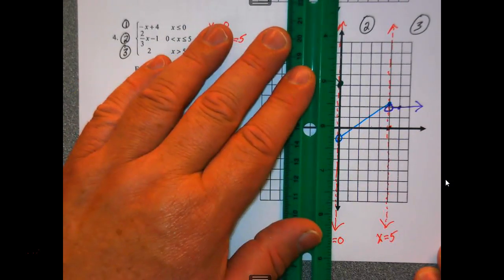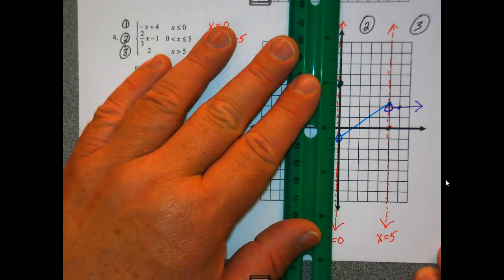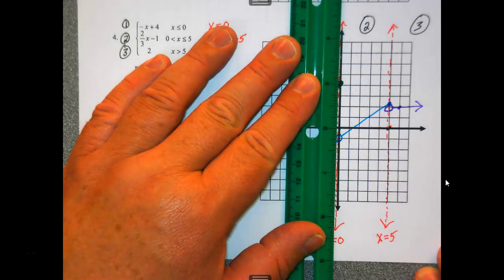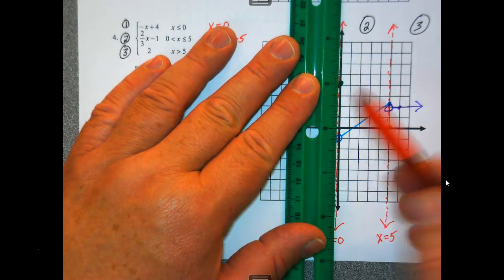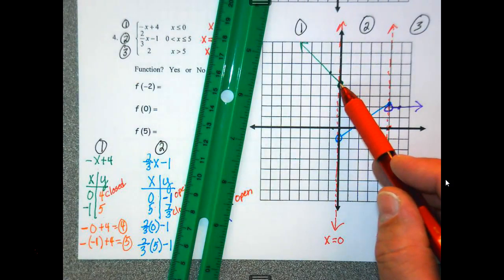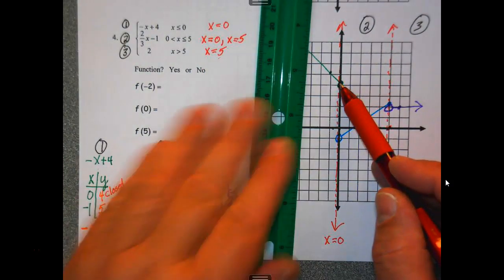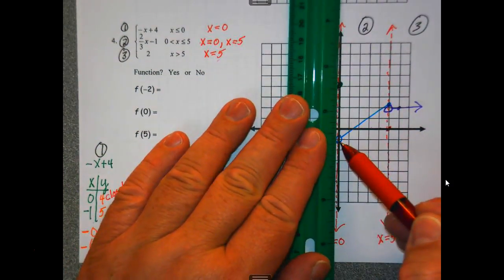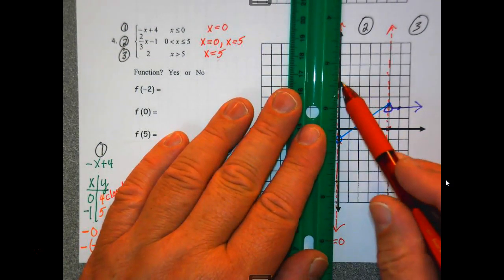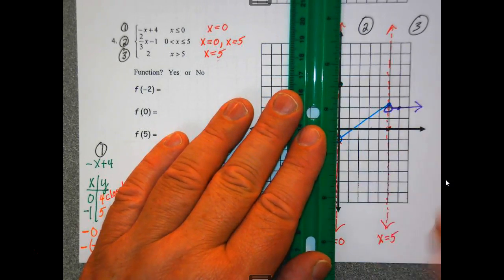Let's look at this critical line here, x equals 0. Is this touching more than 1 point? It is not. It's going through this point, the 0,5 point, or 0,4. But since this is an open circle, it does not include the point -1. So we're okay. It's only going through that 1 point.